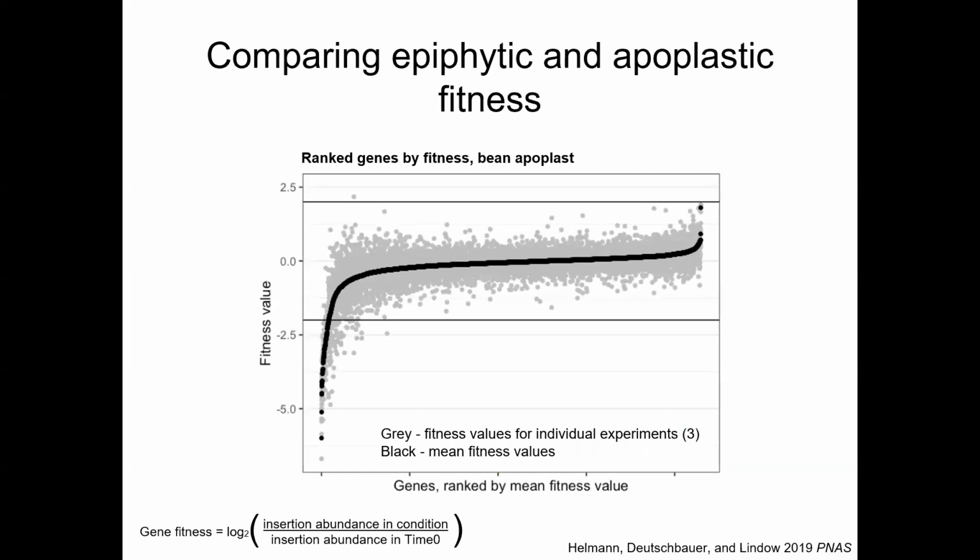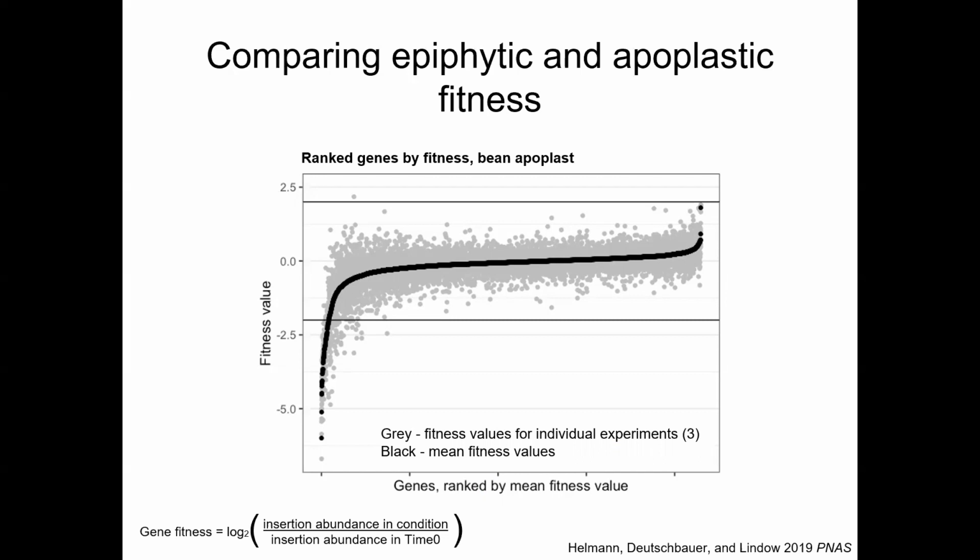Now, for most genes, disruption has no effect on overall fitness. And so here I'm showing the range of fitness values for the 3 apoplastic experiments, where each gene's fitness value for a particular experiment is shown in gray, and the average fitness values for each gene are shown in black. Now, most fitness values are around 0.